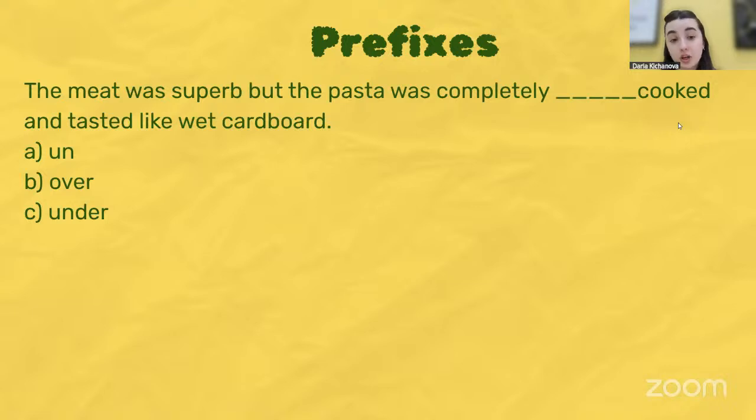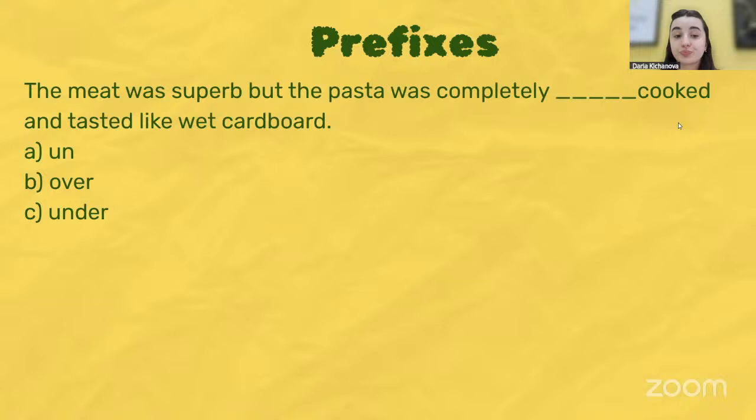"The meat was superb, but the pasta was completely cooked and tasted like wet cardboard." According to our advice, we need to understand the context first. So here we understand that this pasta was cooked for a long time, so it isn't tasty now.